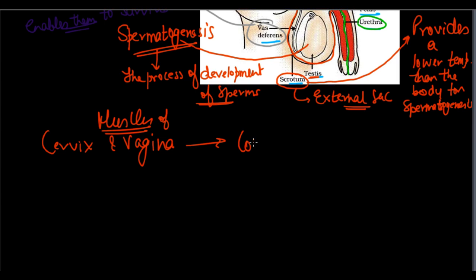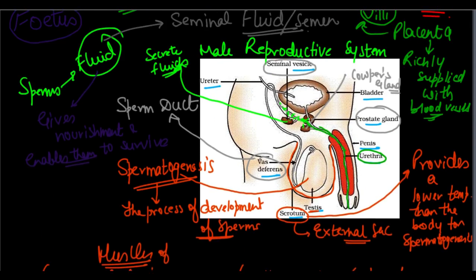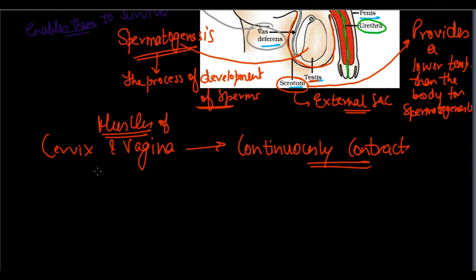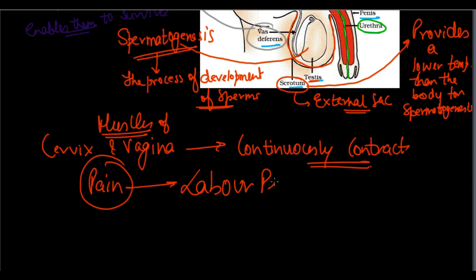They continuously contract. Because of this rhythmic contraction of the muscles of the cervix and vagina, the mother actually experiences some pain. And this you would see if a mother is about to give birth. This pain felt is due to this contraction, and that period is known as the labor period. It's the period when the baby is just about to be born.